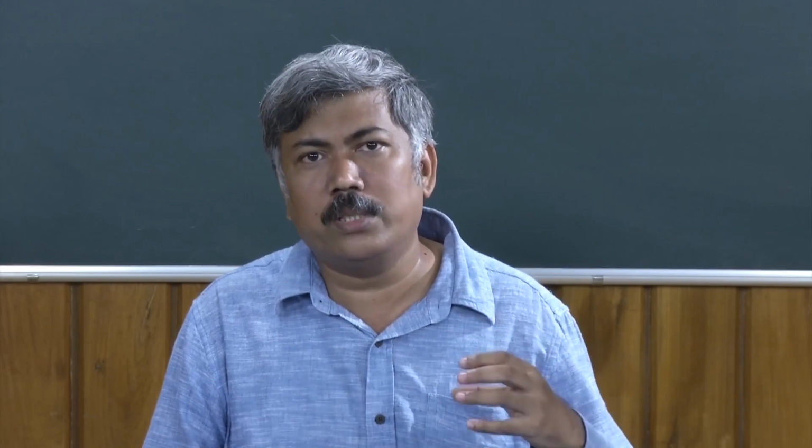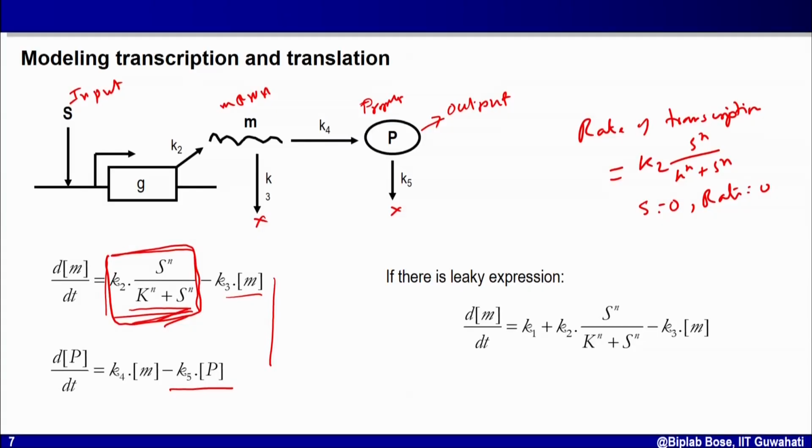We call it leaky expression. And sometimes for the physiology or for the dynamics of the whole system, that leaky expression is required. So how can I represent it? Because the ODE that I have written here does not incorporate that. When s equals 0, the rate of transcription will be 0, there will be no formation of the mRNA, so there will be no formation of the protein also.